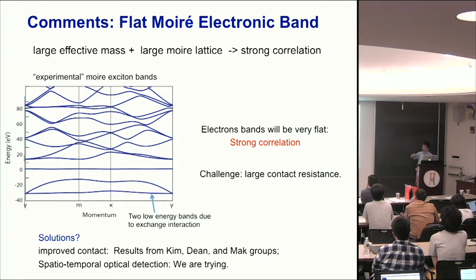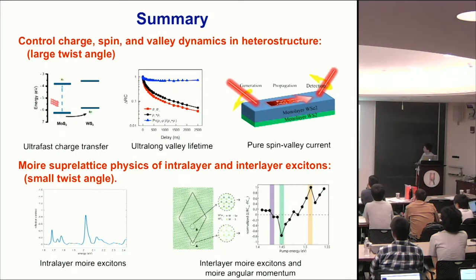Basically, we use a spatially resolved optical probe to directly determine some of the transport properties. And I hope I will be able to tell you more results once we move further on these studies. And with that, I would just conclude here.